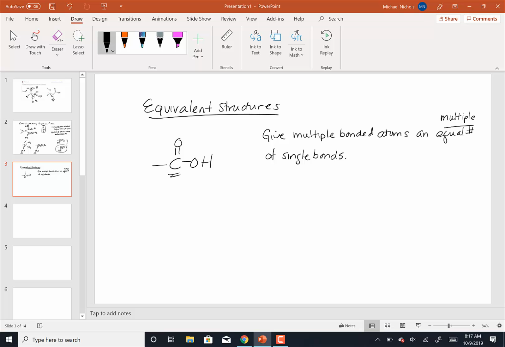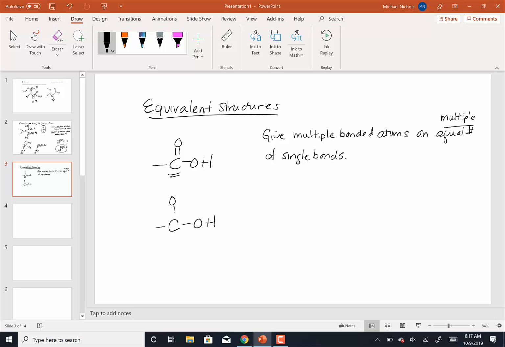Okay. What does that mean? That means if you have a carbon-oxygen double bond, that carbon is going to get two CO single bonds. If you had a carbon-nitrogen triple bond, it would get three carbon-nitrogen single bonds. So the way we draw the equivalent structure is we draw out the structure with only single bonds.